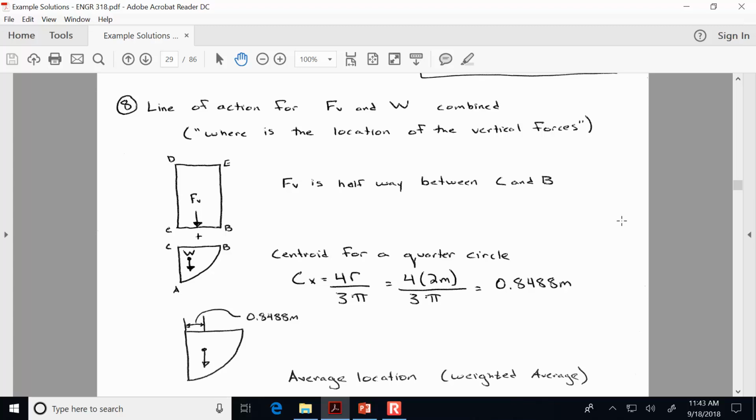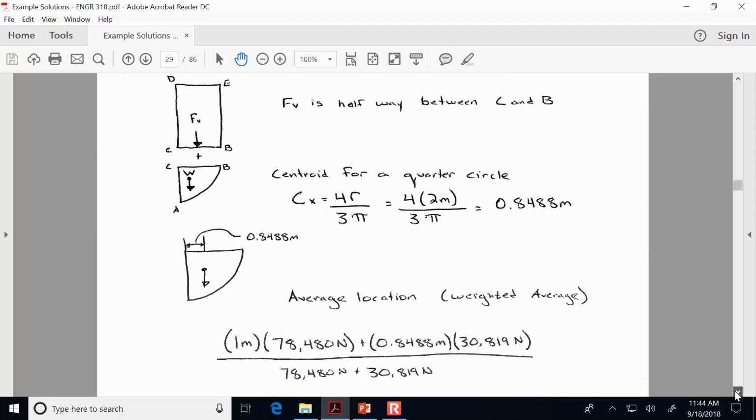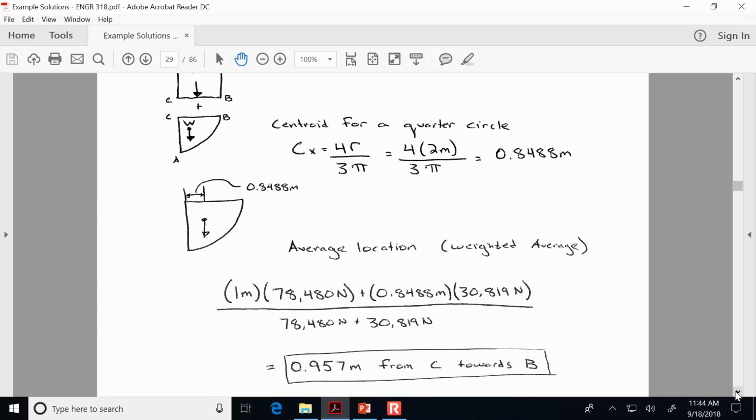The flaw with that thinking is that the vertical force, F sub v, of that rectangular shape, should count for more because it's larger. And that's what a weighted average does: it takes into account the relative size of each. So what I'm saying is we've got this big force of 78,000 newtons, which is 1 meter from the edge, and then this relatively smaller force of 30,819 newtons, which is 0.8488 meters from the edge.